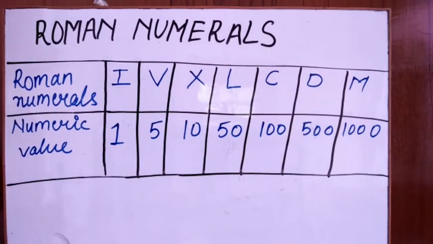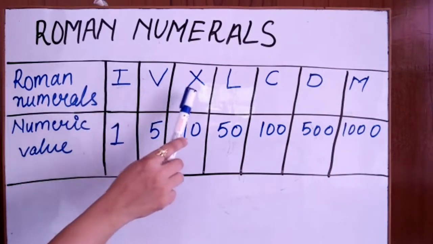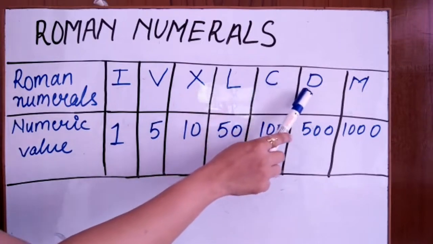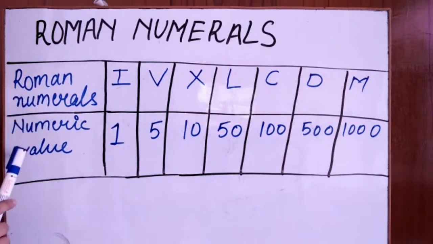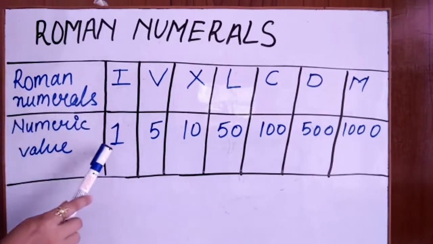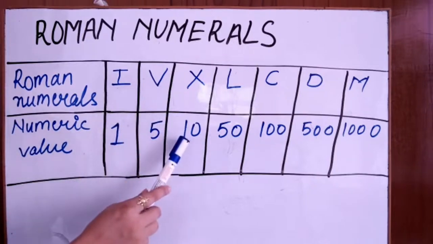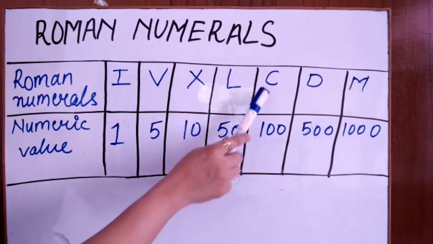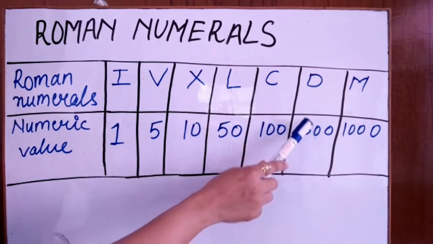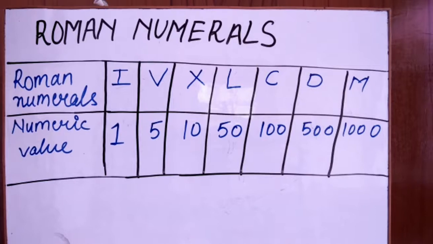Roman numerals we always write in the form of letters I, V, X, L, C, D and M. All these letters are Roman numerals, and there is a numeric value of each Roman numeral. 1 is the value of I, 5 is the value of V, 10 is the value of X, 50 is the value of L, 100 is the value of C, 500 is the value of D, and 1000 is the value of M. Understood?